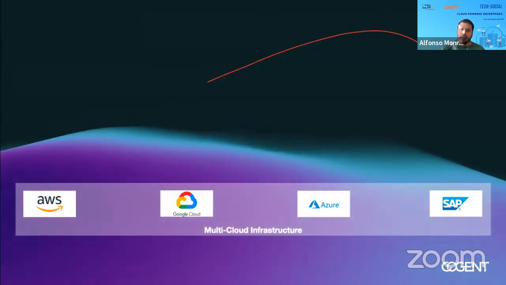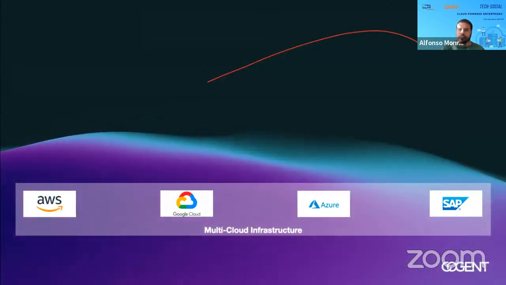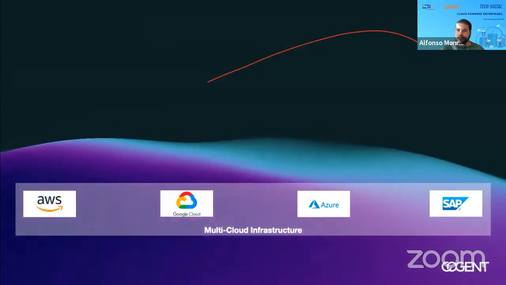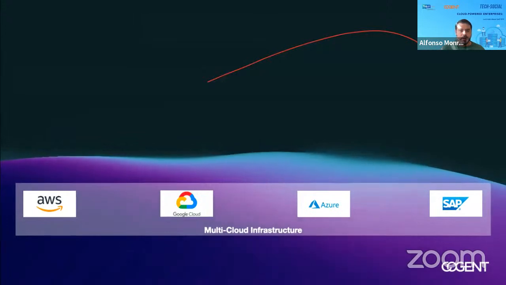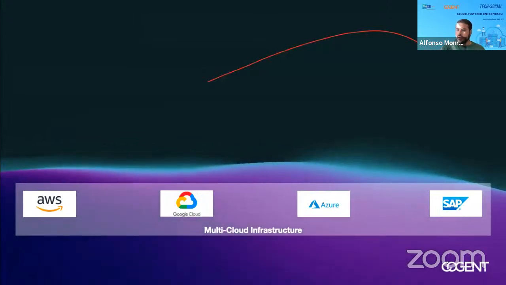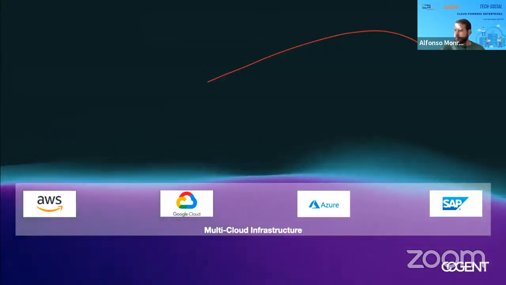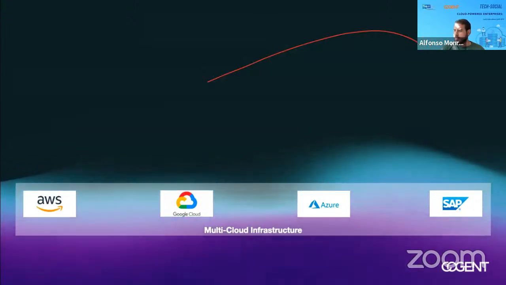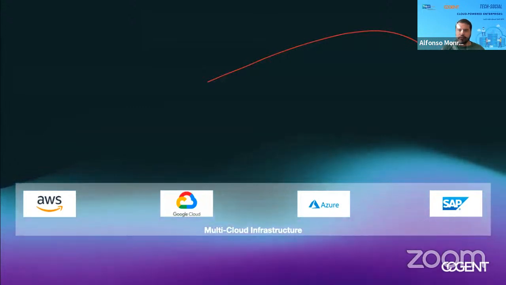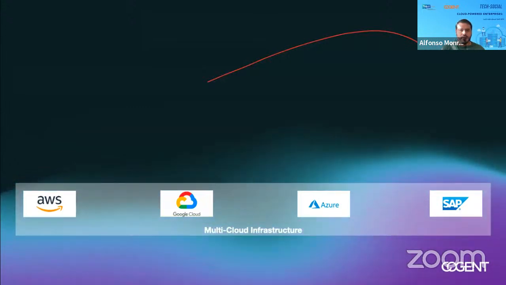They are also integrating more providers, such as Alibaba Cloud, for example, and I think IBM. So BTP runs over these infrastructure providers, these cloud providers.